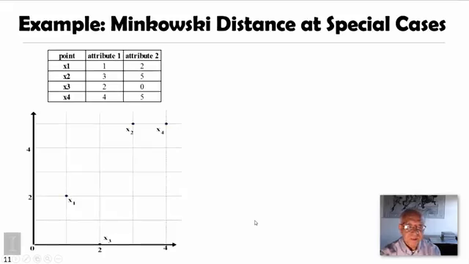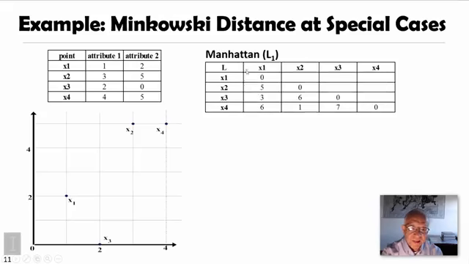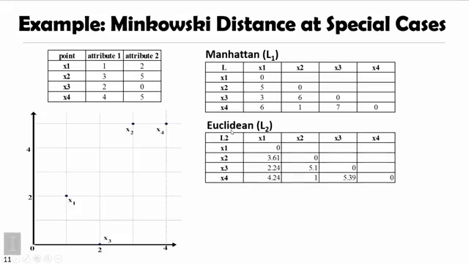Let's look at some examples. For the same data set, we have 4 points and 2 dimensions. Then we look at the Manhattan distance, which is the city block distance. For example, from x2 to x1, you will go 3 blocks down, then 2 blocks left. So the Manhattan distance is 3 plus 2, you get 5. Of course, x1 to x1 itself is 0. And Euclidean distance, as we discussed already, that's the measure.